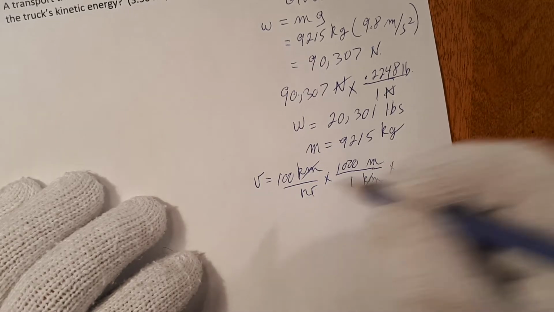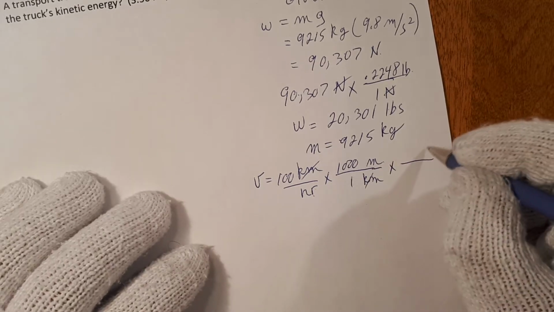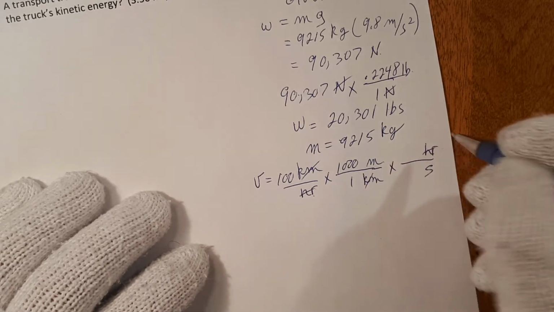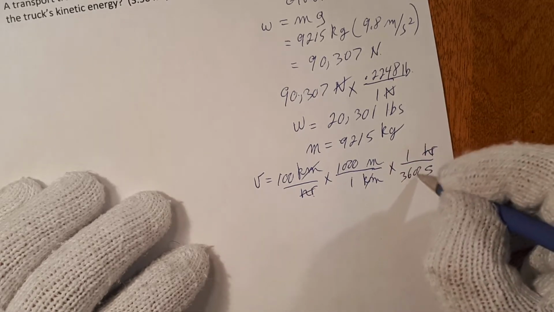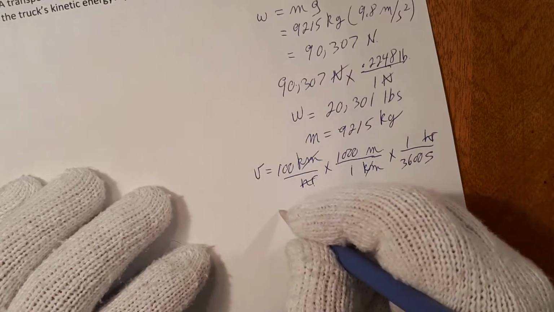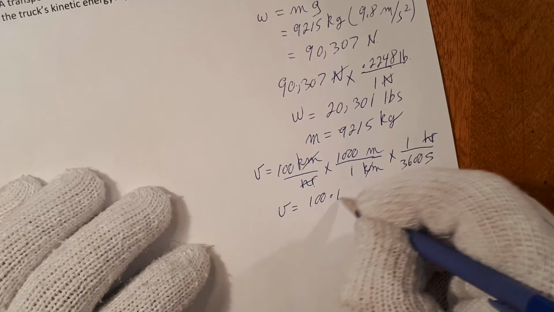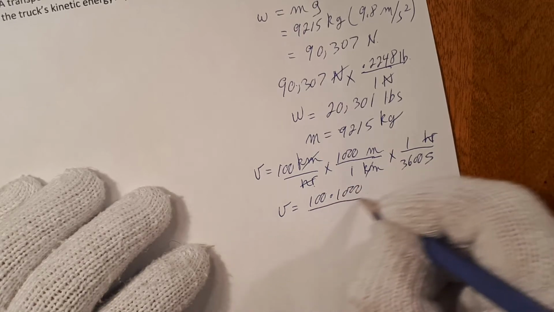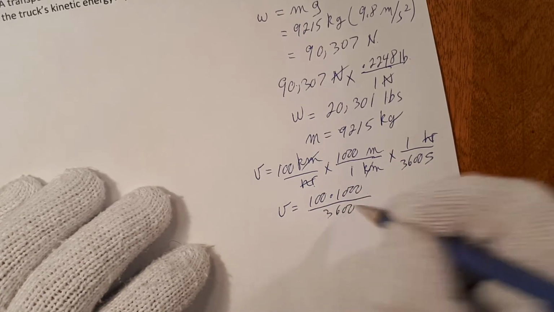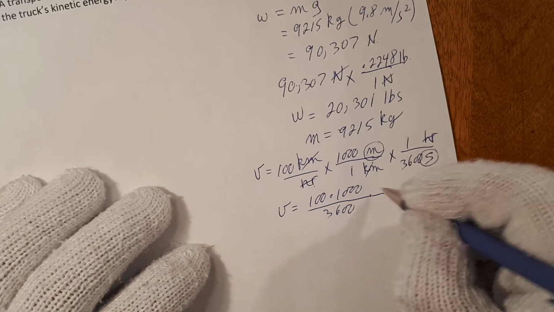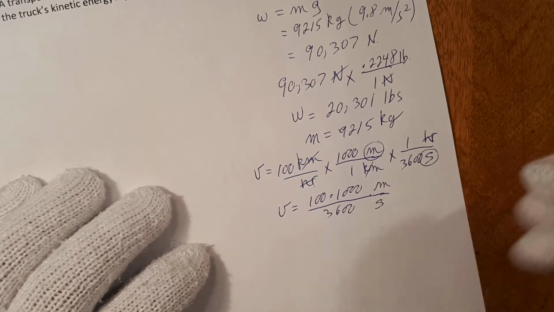And then we're going to change the time, hours into seconds, with hour in the numerator and seconds in the denominator, so they cancel out. 1 hour, 3,600 seconds. So its velocity in base units is 100 times 1,000, everything divided by 3,600, and the units left over are meters per second.